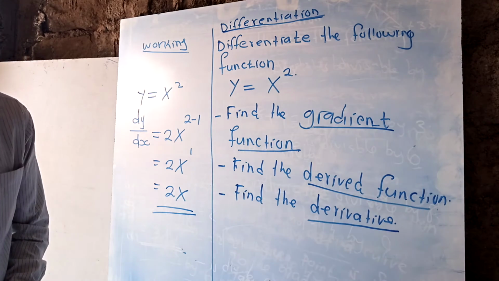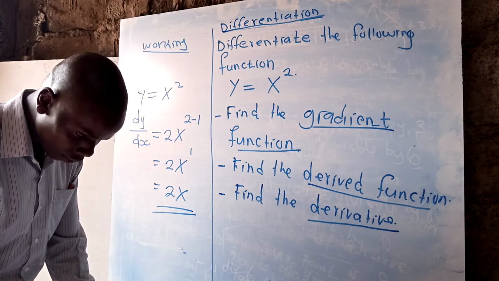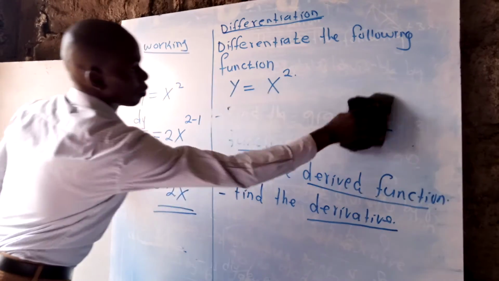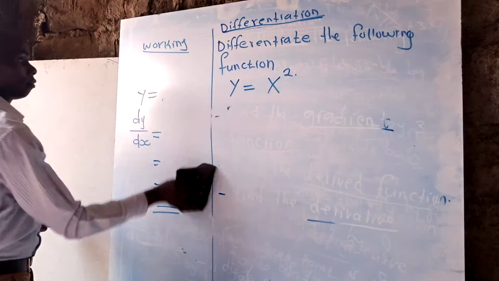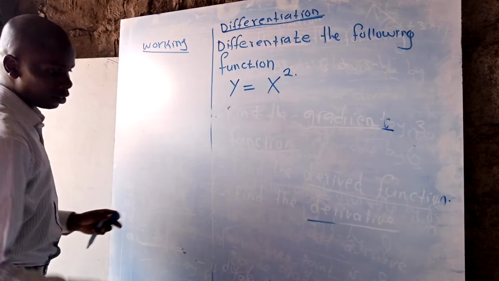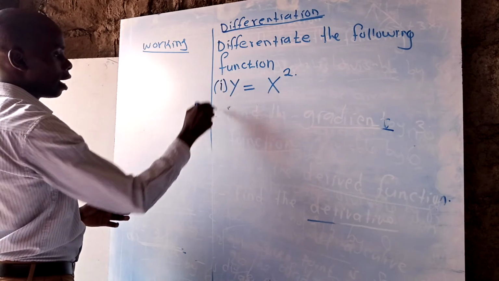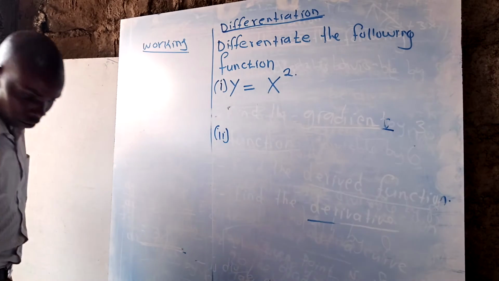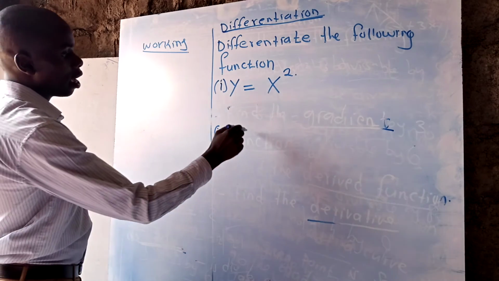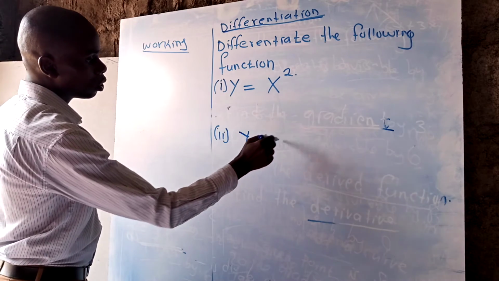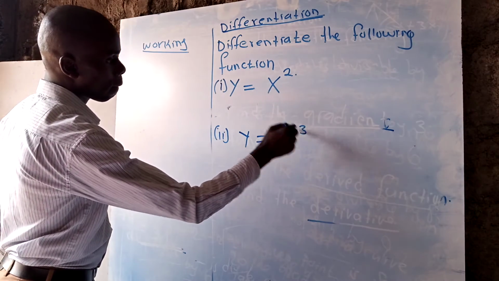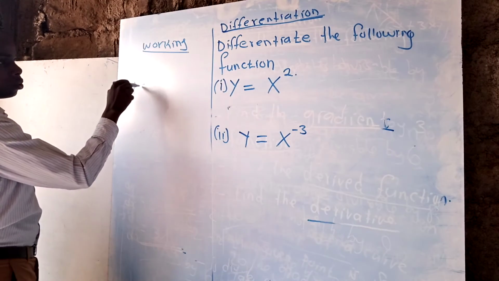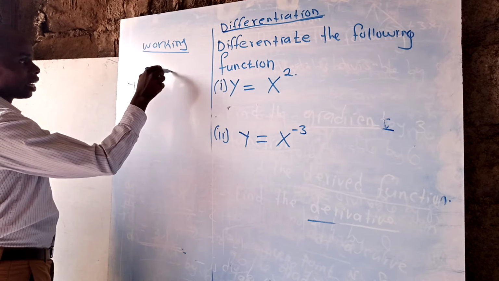I want to give another example. Let us have these ones as Roman 1 and these ones as Roman 2. So we want to find the gradient functions of y is equal to x raised to power 3. And the second: y is equal to x raised to power negative 3.